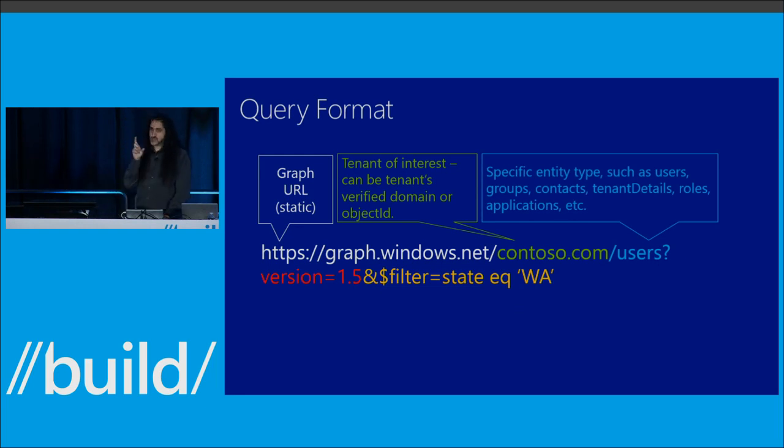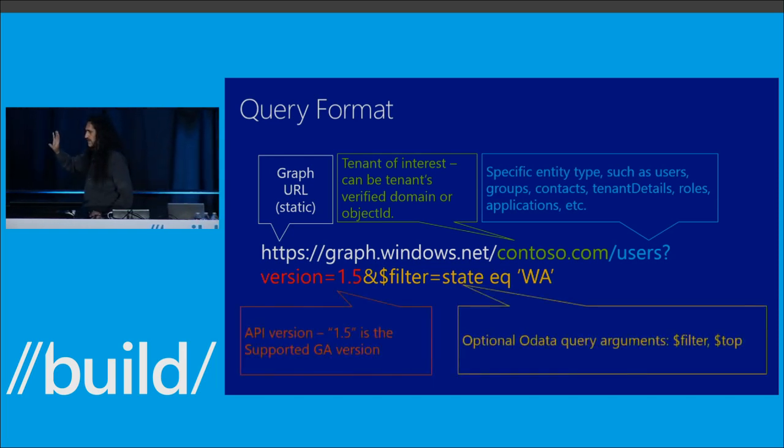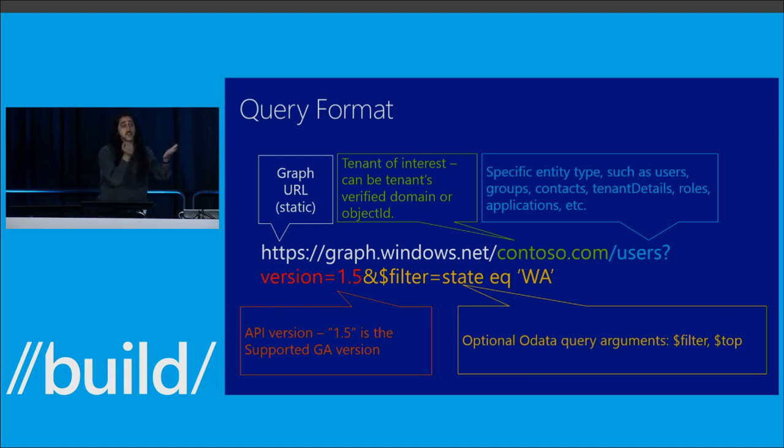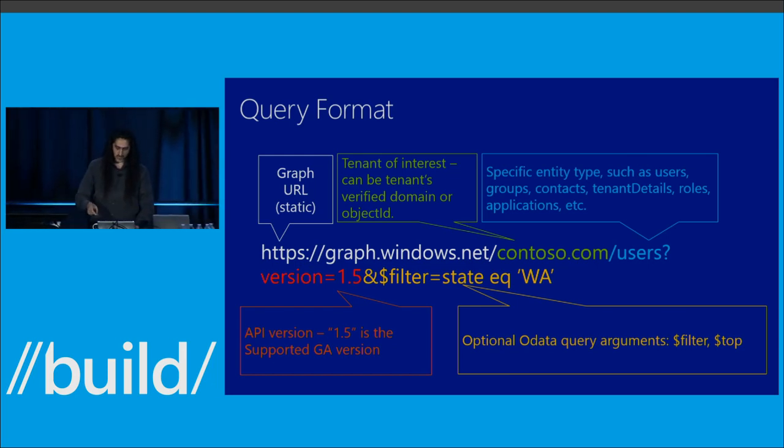Then, super important, the version of the API that you are using. Different versions have different features, and sometimes breaking changes, so it's important to specify the correct one. And finally, there is the OData part, for things you want to filter on, to reduce the number of elements that come back, or to zero in on one specific area that you want to access.